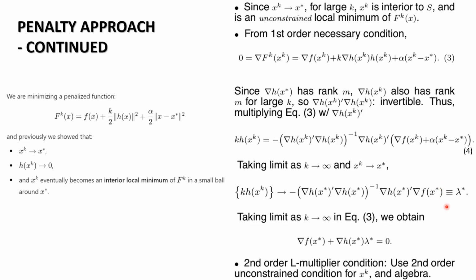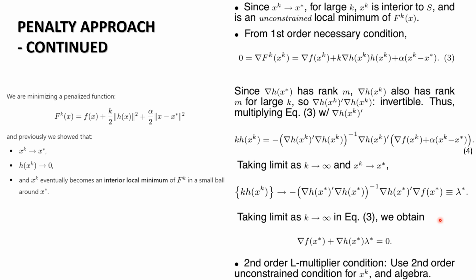We are taking this as equal to lambda star, and this defines the Lagrange multiplier vector lambda star. So substitute in the first order equation.